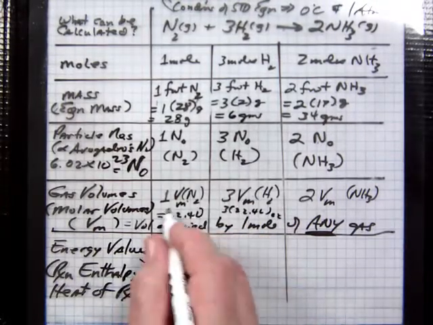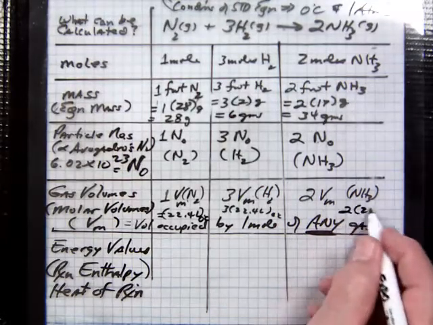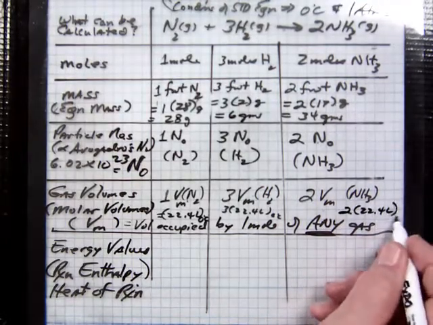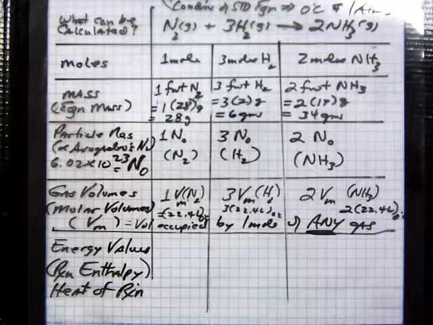I can put that in here. And here is 2 times 22.4 liters at 0 degrees and 1 atmosphere. I just don't have enough room to write that. But at any other temperature and pressure combination, all you can say is 1 molar volume, 2 molar volumes, 3 molar volumes, whatever is given by the coefficient.